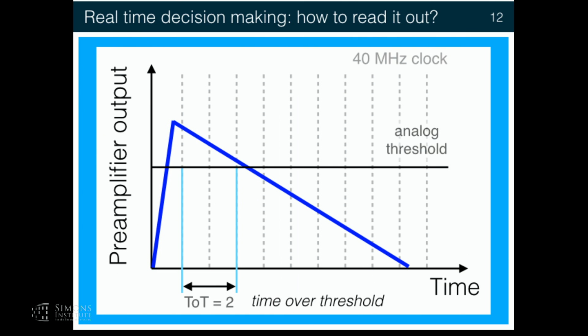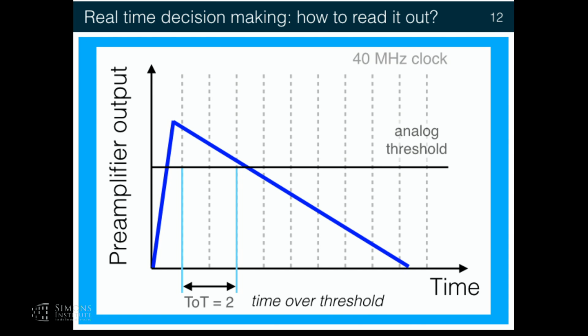Another very important topic is not just what we read out, but how we read it out. In all the layers we read out, there's some analog signal and we convert it into a digital signal. In the innermost region, in these pixel detectors, we use an ADC called time over threshold. It's super simple. You have some analog signal, and you have some charge deposited, and it takes some time to discharge in our capacitors.